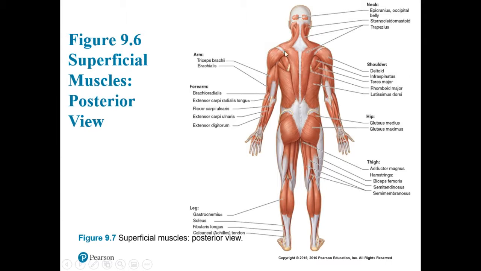Now, this region right here is where a lot of stress concentrates, because as you're studying, especially academic stress, you're tilting your head forward for reading, maybe looking at your computer, doing research. So again, that concentrates a lot of that stress right onto this region.